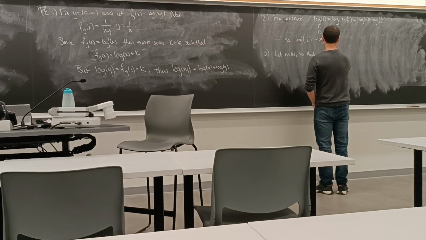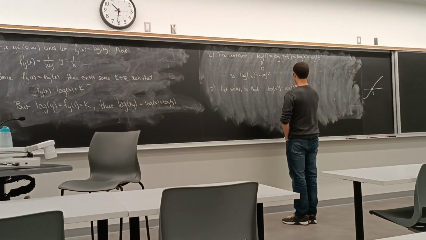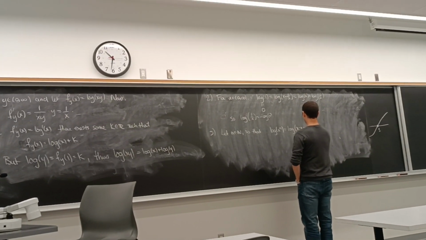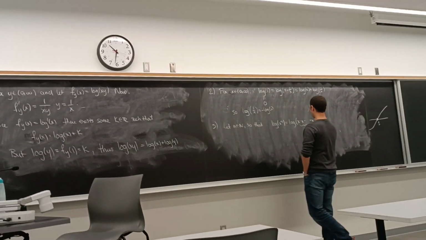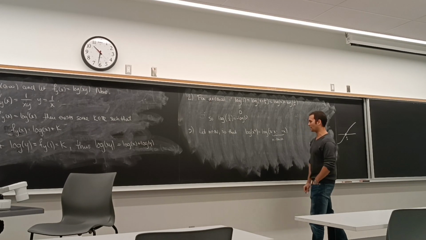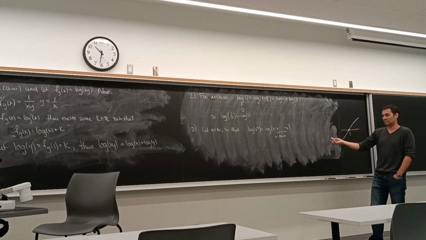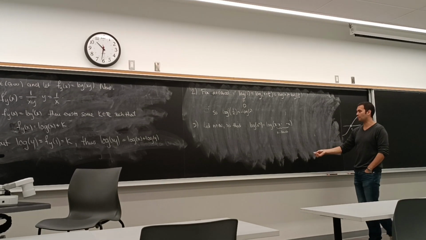So that log x to the n, that's true, right? That's the definition of what x to the n is. You just multiply x by itself n times, because n is a natural number.